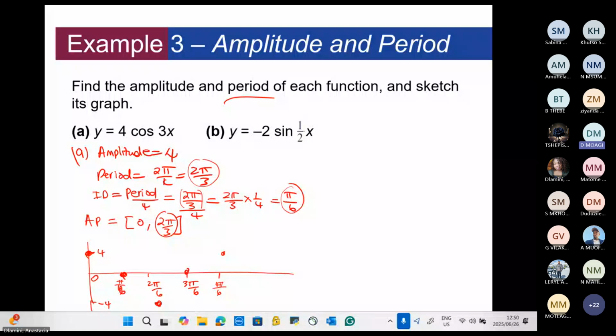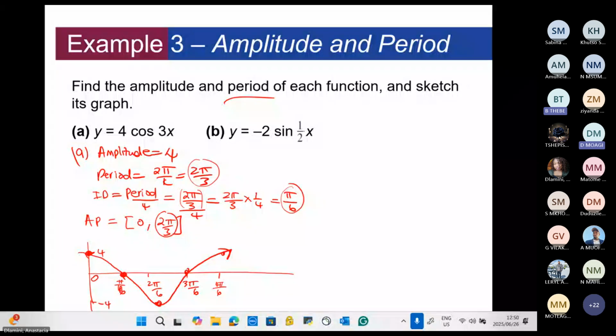Hello? No, ma'am, we are following. It's just that the network on your side is delayed. Oh, okay. Let me try to fix it. I don't know what's going on. Okay, let me try to fix it.